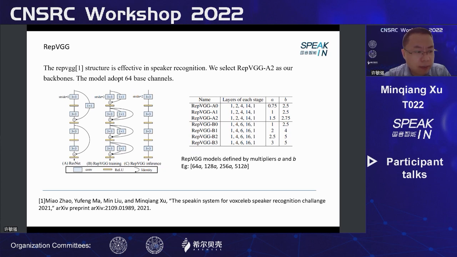In the inference phase, these branches can be merged into 3 times 3 branches, so it becomes a plain structure. So the inference speed is very fast. We select RepVGG A2 as our network.